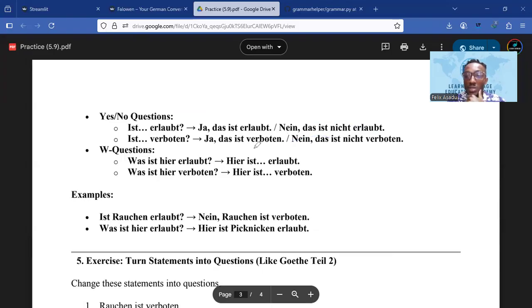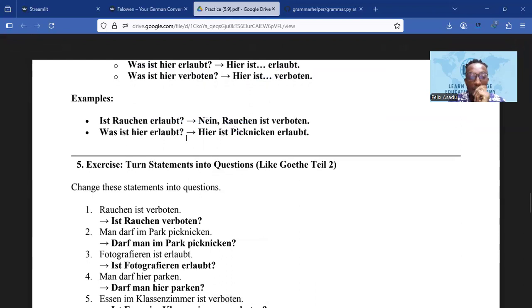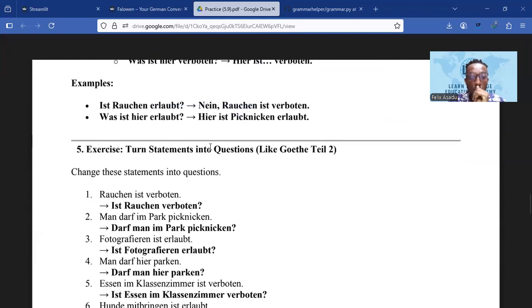Or if you want to use the W question, we are going to start with was ist hier erlaubt? So what is allowed here? You can say that hier ist Essen erlaubt. Or was ist hier verboten? You can say that hier ist Essen verboten. So these are some of the examples down here that you can come back to and read through.